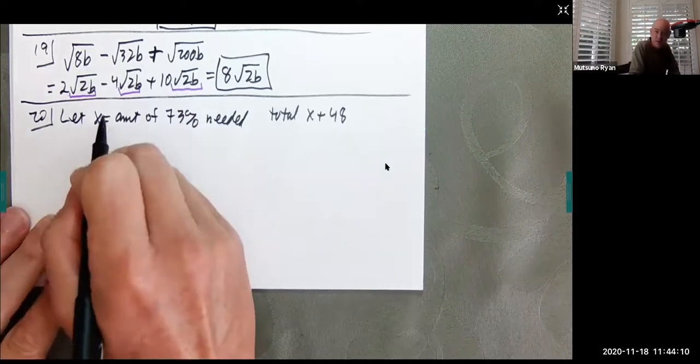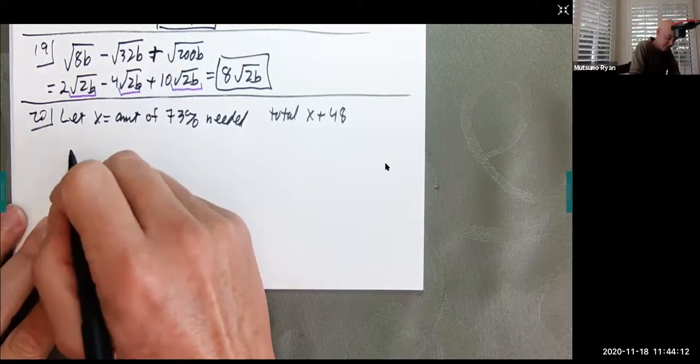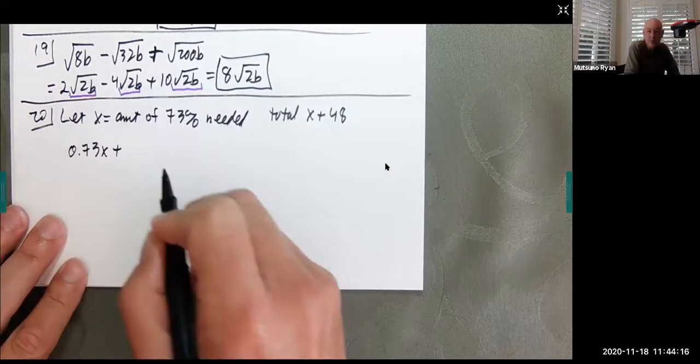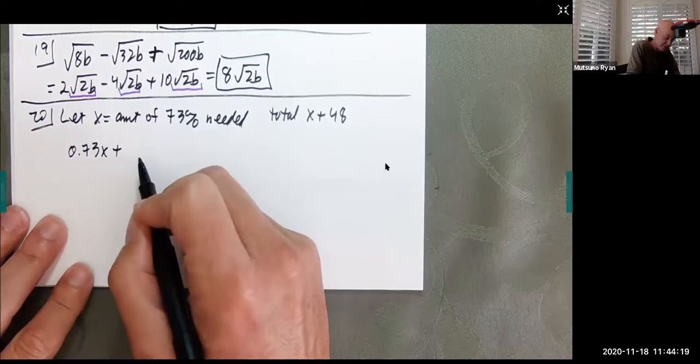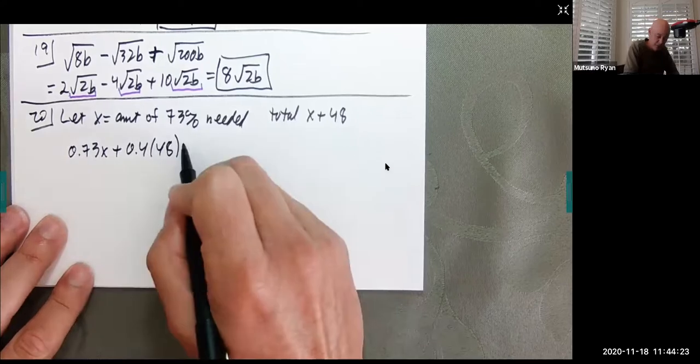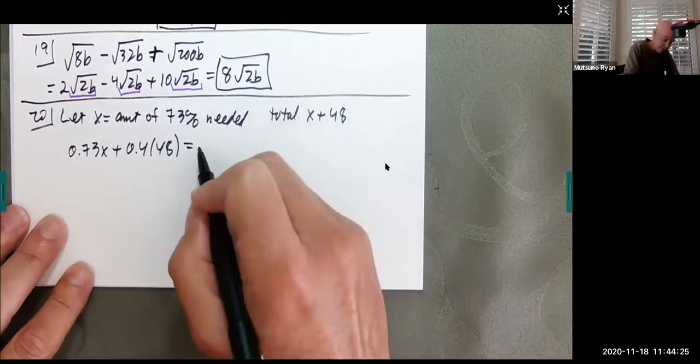The amount of x that we want, as far as sugar goes, is only 7%. The amount of the 40% is 48. They've already given that to us. Now the amount of the total is 49%.